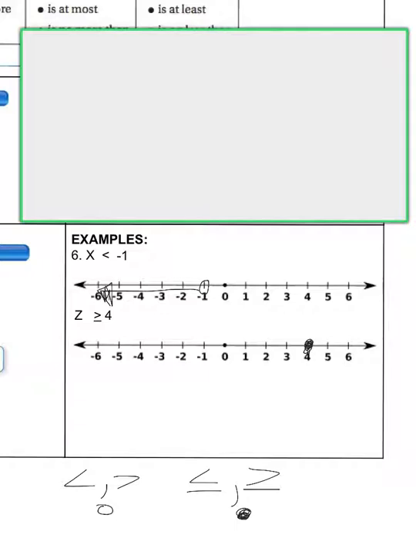Next, I'm going to look at my variable again, and it says that z is greater than or equal to 4. So I know all answers for z have to be greater than or equal to 4. Are the numbers going this way greater than 4? No. Are the numbers going this way greater than 4? Yes. So then I know this is the way my arrow has to go.